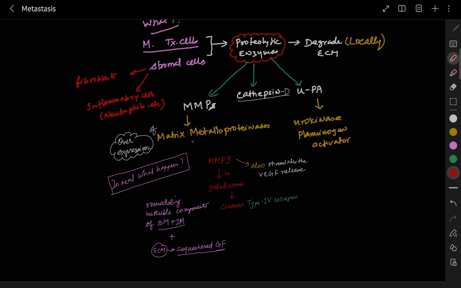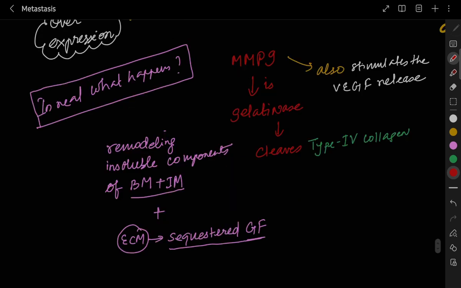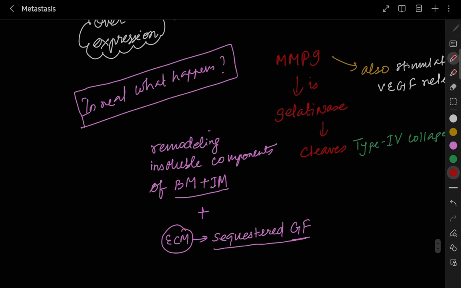Now we will go into a little detail if you want to understand what happens in reality. Focus on what I am going to say now. What is actually happening in the extracellular matrix, meaning the basement membrane and the interstitial connective tissue?